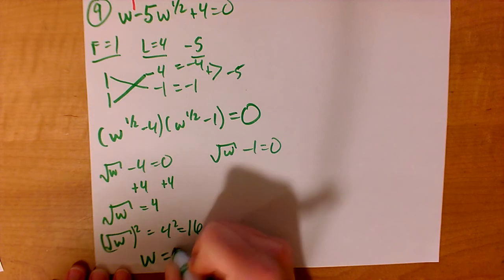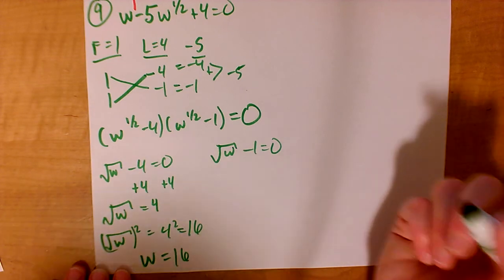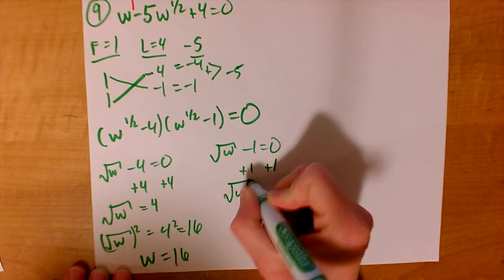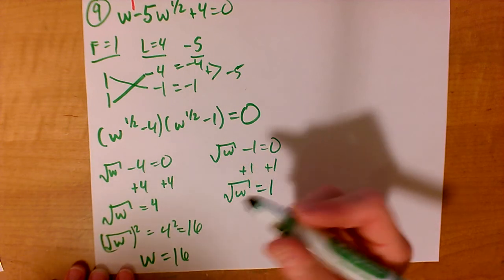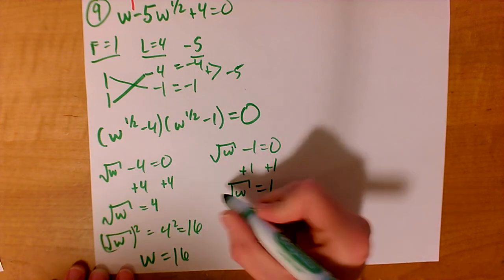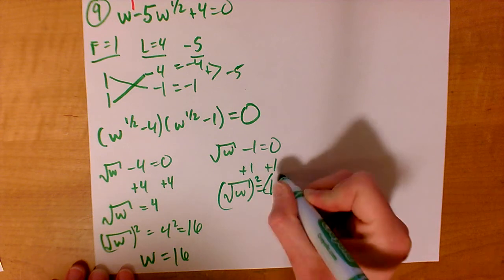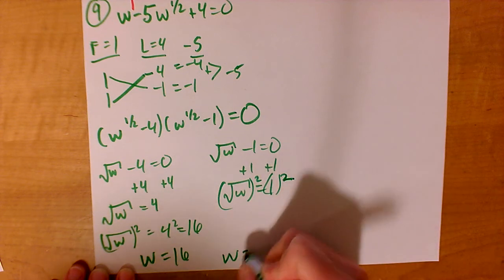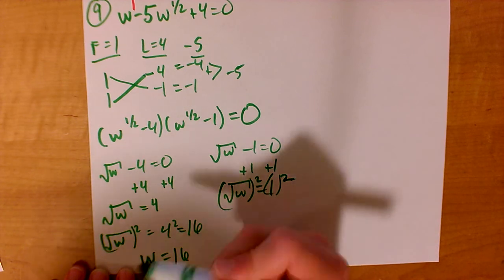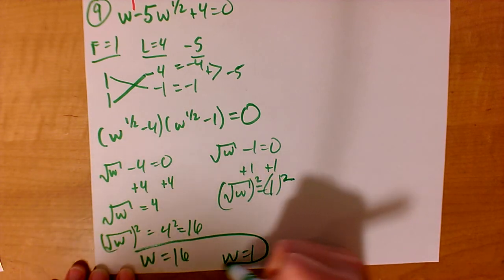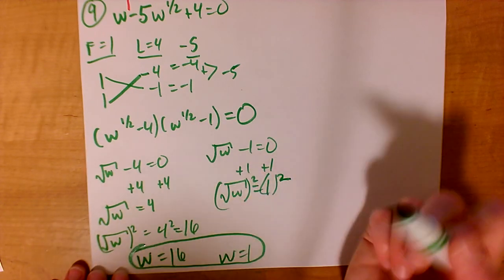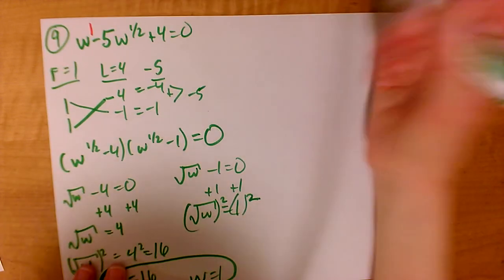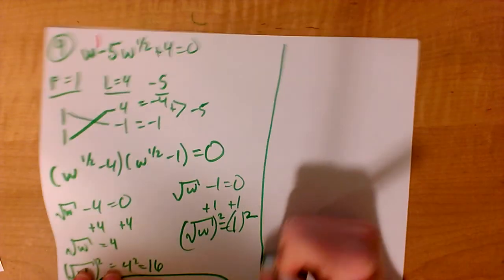So one solution, w equals 16. On the other side, we can add 1. Square root of w is 1. We will square both sides, and we get w is equal to 1. Okay, so your two answers here, 16 and 1.